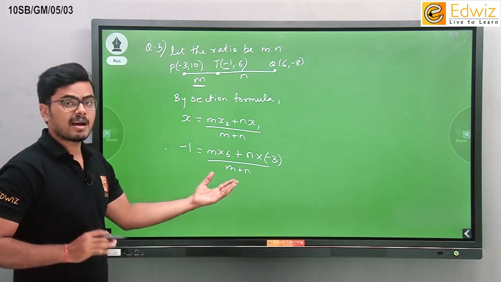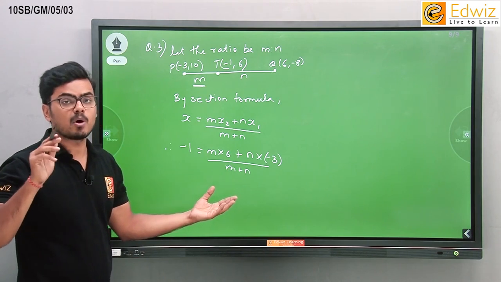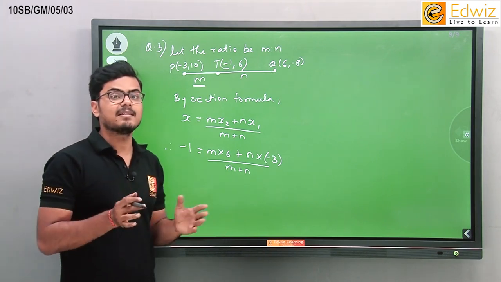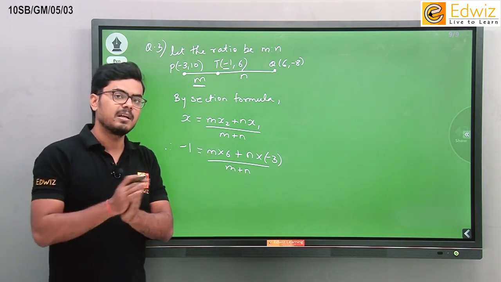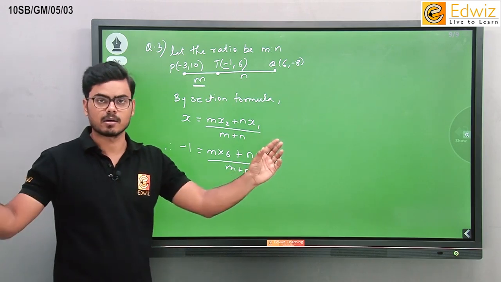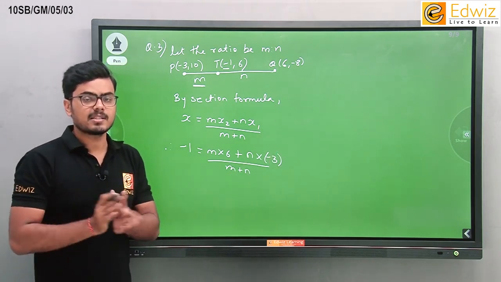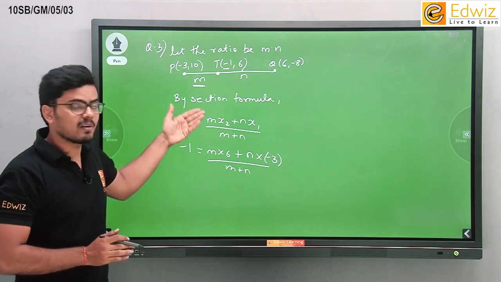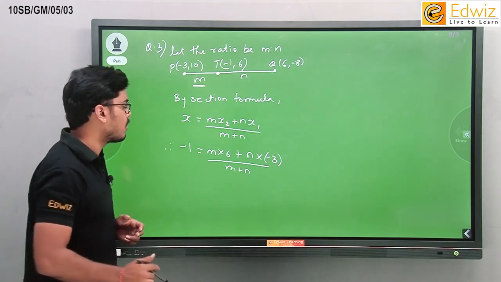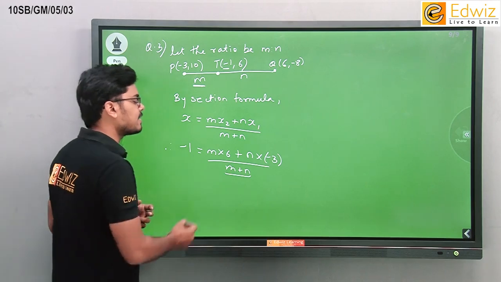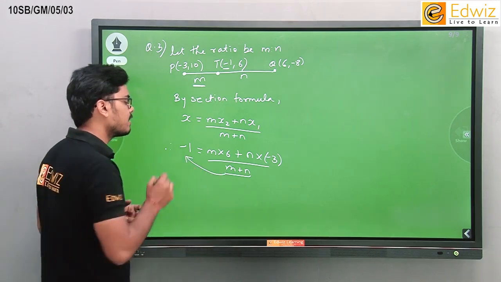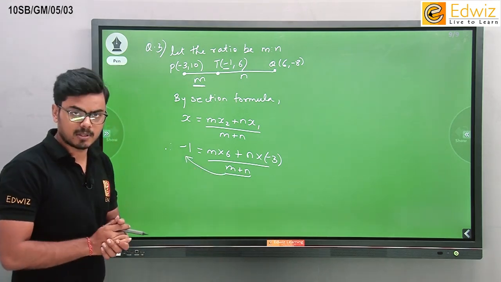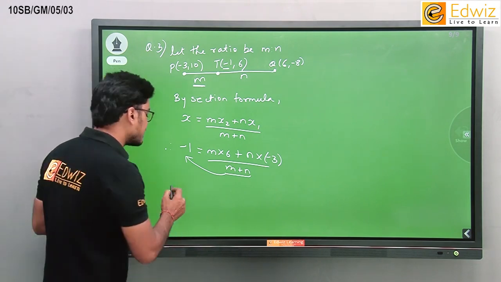ठीक है, so here we have to find the value of m upon n. Remember question में बोला है find the ratio. We don't need to individually find m क्या होगा और n क्या होगा. Okay, we don't need to do that. We just have to find the ratio. तो सिर्फ ये solve करने पे हम लोगों को वो मिल जाएगा. Let us see how. So we will cross multiply this. ये m plus n को अगर मैं इस side move कर दूं, transpose कर दूं, so it will get multiplied with -1.